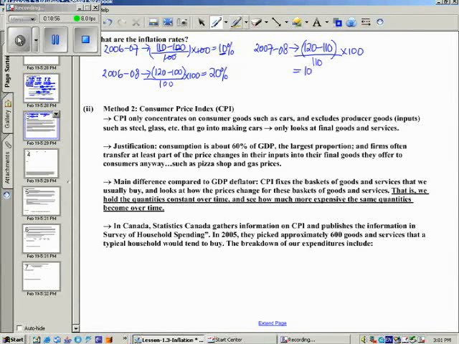This would be equal to 10 divided by 110 times 100, and this would be approximately equal to 9.09% in inflation rate across just these 2 years, 2007 to 2008.